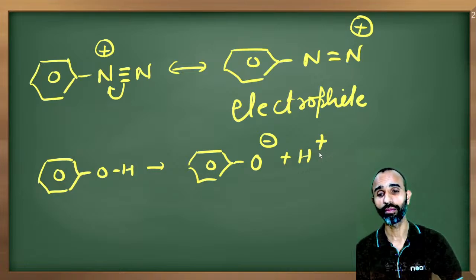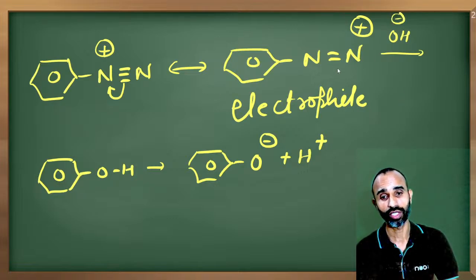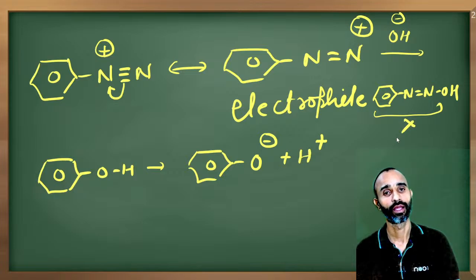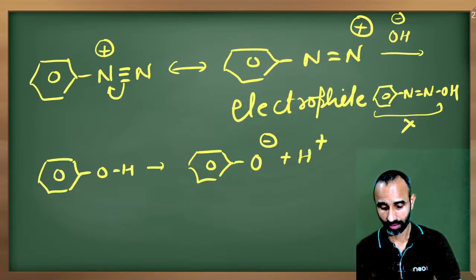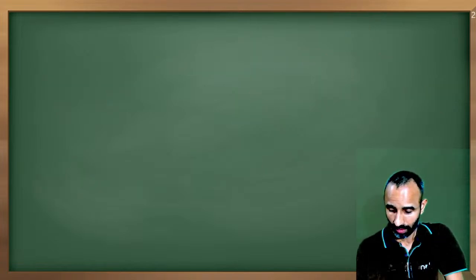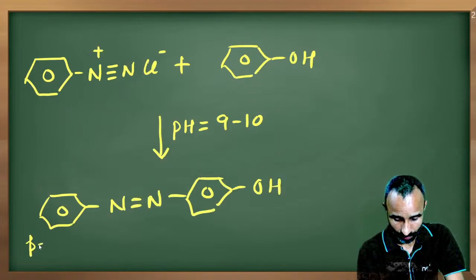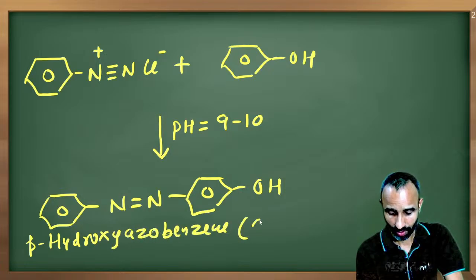Because if we use a strongly basic medium, the excess OH- ion will attack this electrophile, and therefore the electrophilic nature of this molecule is destroyed. Therefore we use a weakly basic medium so that we get phenol in the form of phenoxide ion, but at the same time this electrophile remains as such to attack the para position. So this is para-hydroxyazobenzene, which is an orange dye.